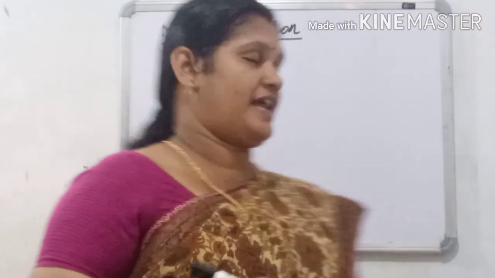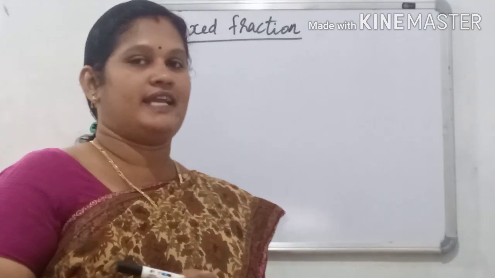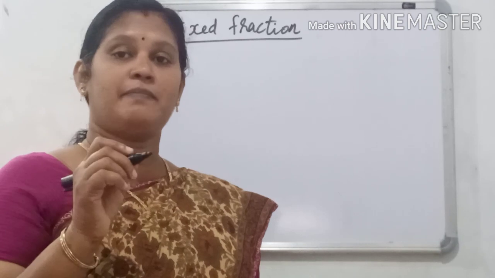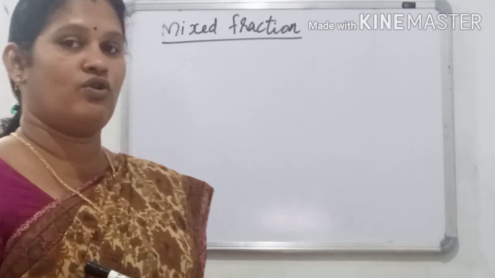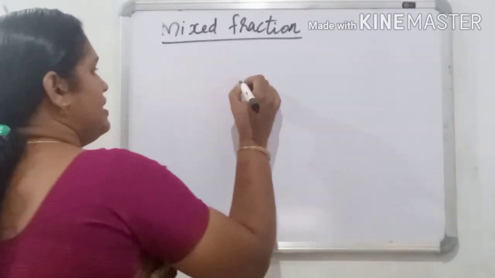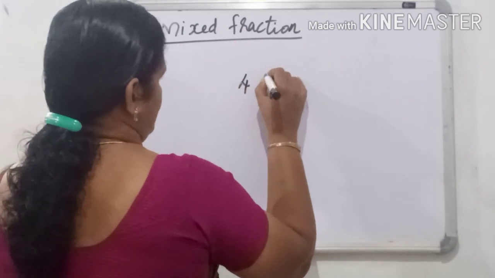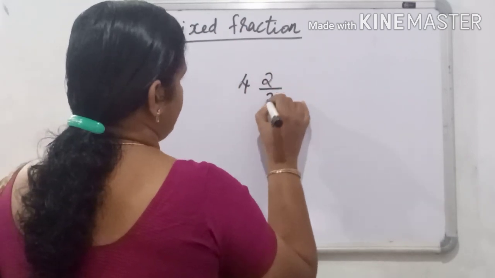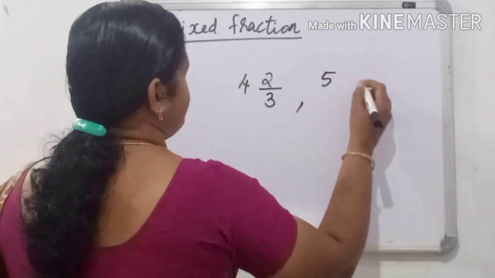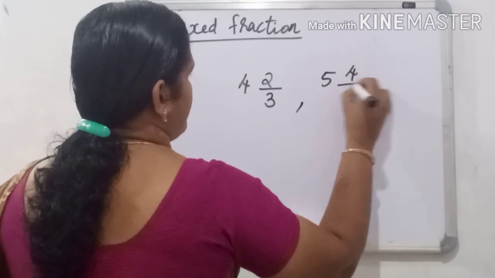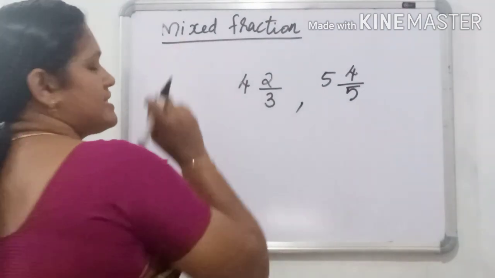Next is mixed fraction. What is mixed fraction? Some fractions have a whole number part and a fractional part. Such kind of fractions are called mixed fractions. For example, 4 2 by 3 and 5 4 by 5, etc. are the examples of mixed fraction.